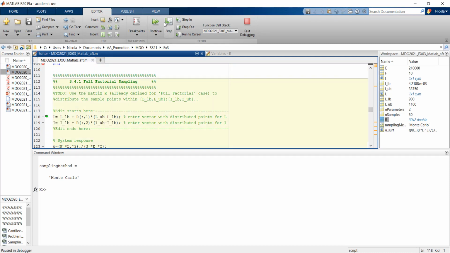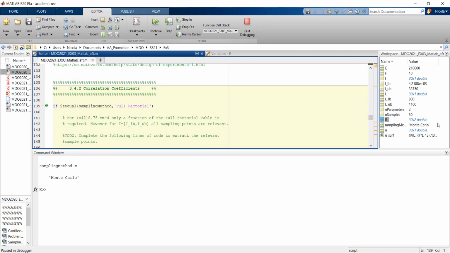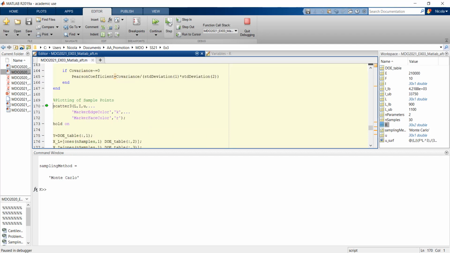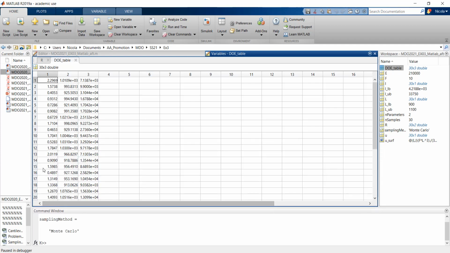So if we continue, we already got that, and then we have our DOE table here, which is our values for U, so for the displacement, for different random values of L and also of I.